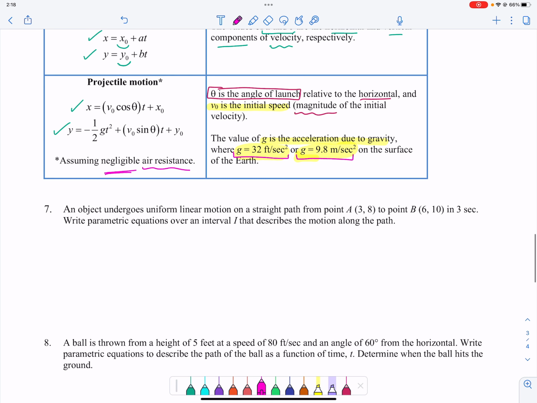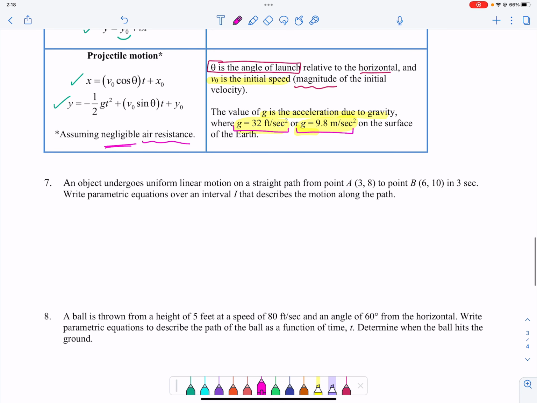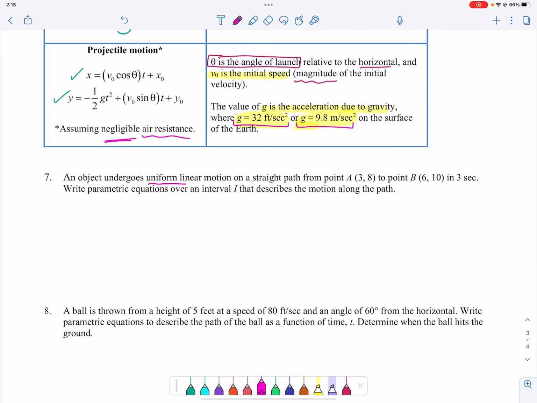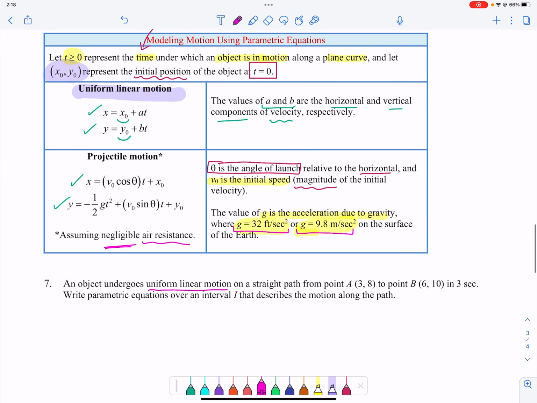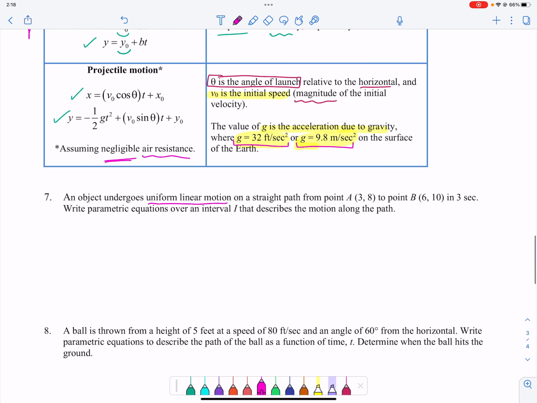So let's look at number 7. An object undergoes uniform linear motion. So we'll be using these equations right here on a straight path from point A, which is (3, 8), to point B, which is (6, 10), in 3 seconds. Write parametric equations over an interval that describes the motion along the path.